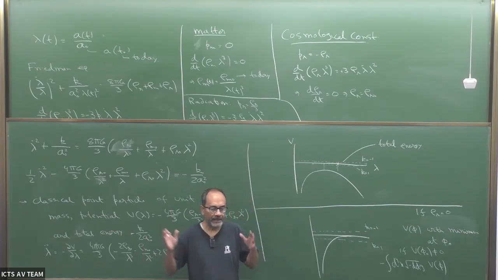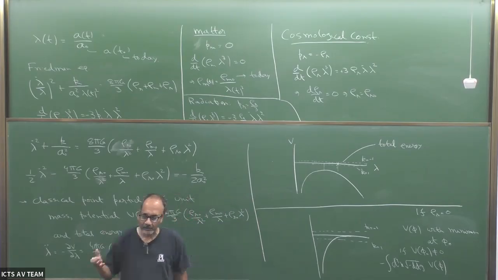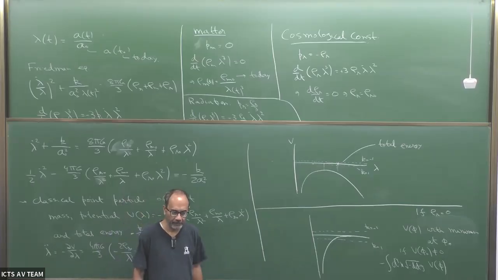They thought that if it's so small, there was some symmetry reason why, even though you don't know what the symmetry reason is. And if there is a symmetry reason, then it must be 0. So that was the kind of argument people used to say that the cosmological constant must be 0. But in quantum field theory, certainly there is scope for a cosmological constant.